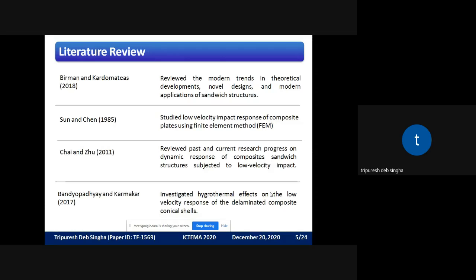One of the recent works by Bandyopadhyay and Karmakar studied the hygrothermal effect, that means the effect of temperature and moisture, on the low velocity impact response of delaminated composite conical shells. They showed the effect of the moist environment and the hot environment on different parametric studies.